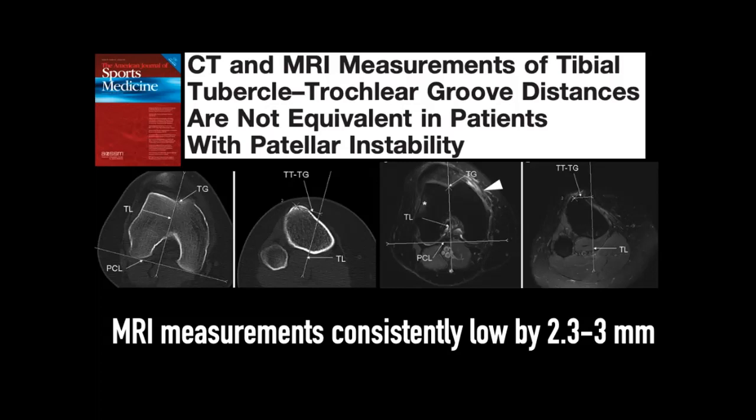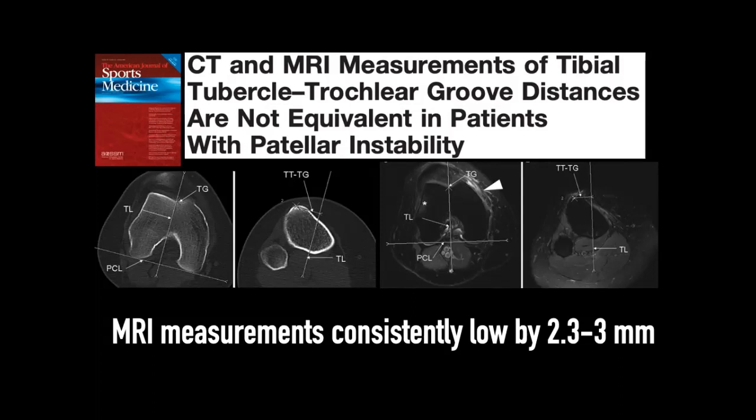So the measurement is angle dependent, dependent upon the position of the knee when the CT scan is taken. Also, the TTTG distance is very much dependent upon the rotational profile.